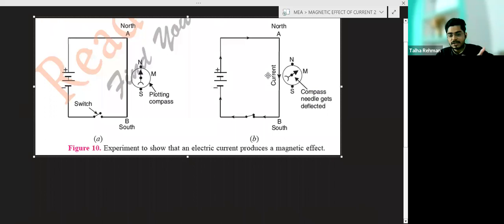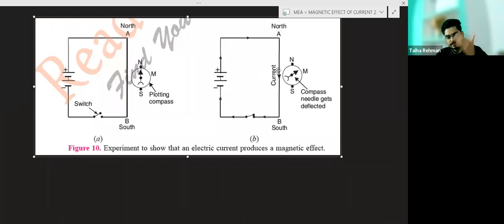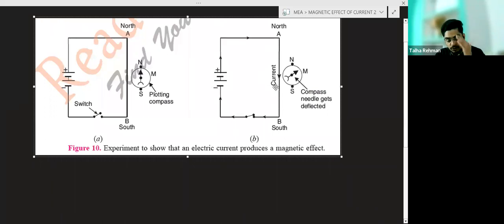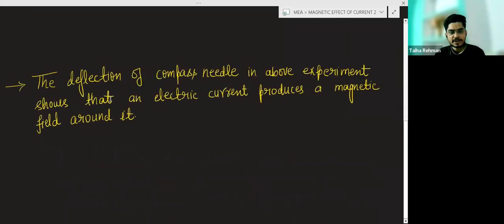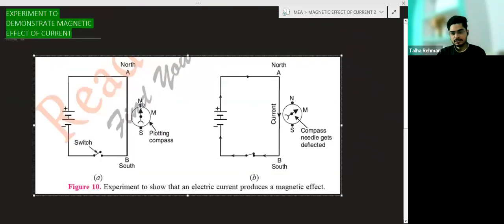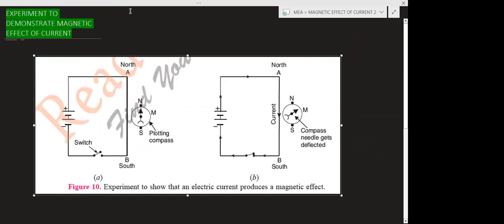So with the help of the electric current in the wire, there can be a magnetic field around it. Clear?